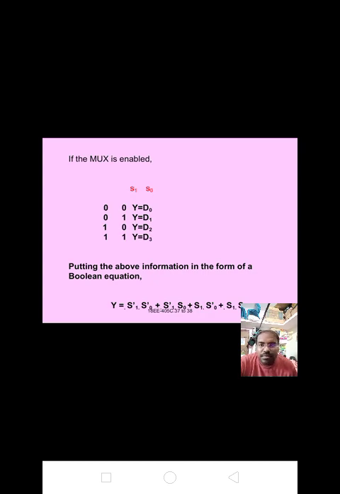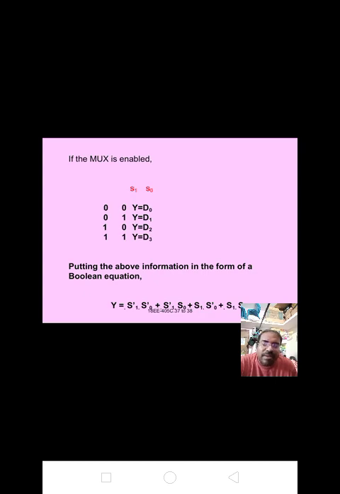If the select line inputs are 0, 0, then Y equals D0. If 0, 1, Y equals D1. If 1, 0, Y equals D2. If 1, 1, Y equals D3.